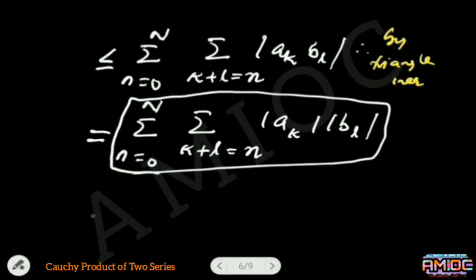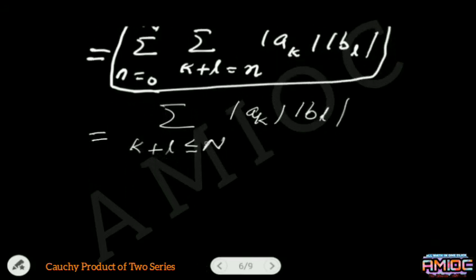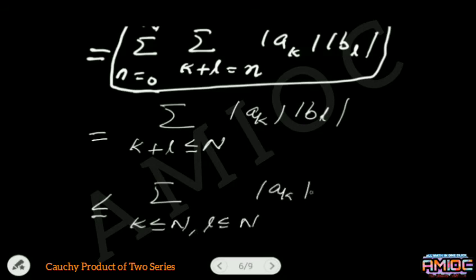Therefore, this can be replaced by summation k plus l less than or equal to n of mod ak mod bl. This will be less than or equal to summation k less than or equal to n, l less than or equal to n, of mod ak mod bl.